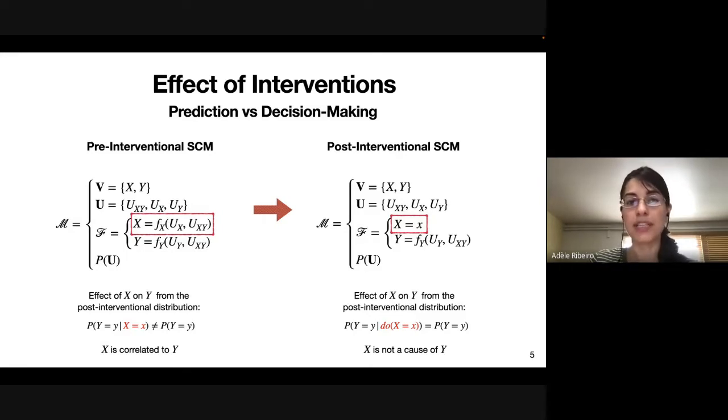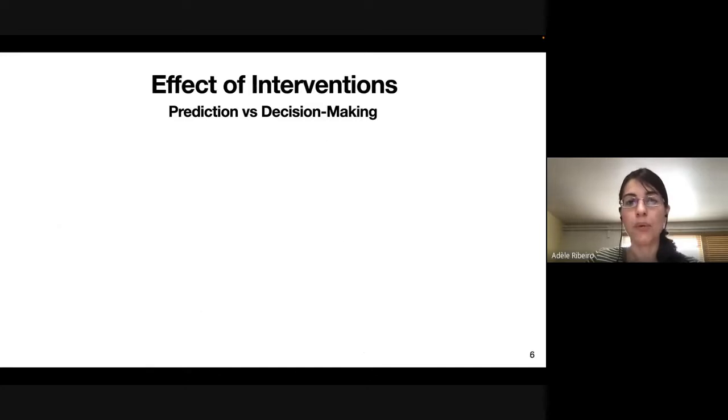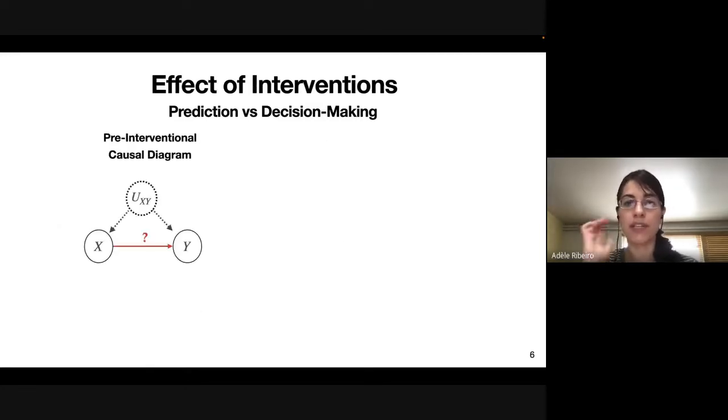But usually these models, these structural causal models, are unknown. We don't know what's the model that generates the data that we are collecting. So the beauty of the graphical theory of causation is that you can describe the same structural causal model as a causal diagram. So we can just describe the functions using arrows in a graph.